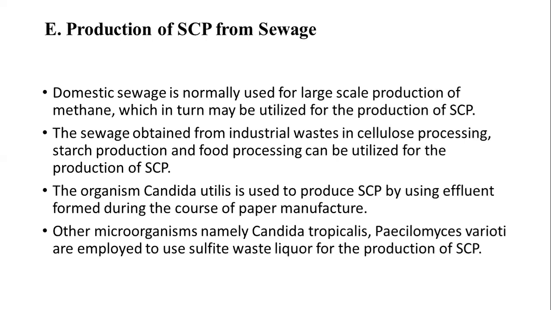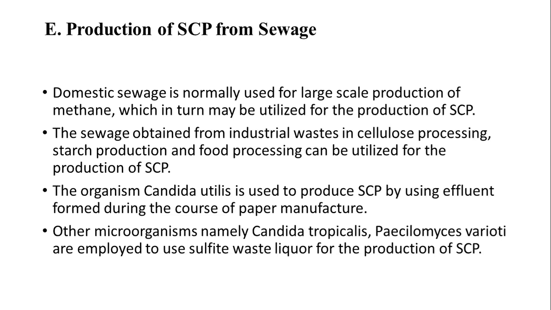The last category of raw material is the production of SCP from sewage. Sewage is used for large-scale production of methane. Nowadays, sewage is also used for production of SCP. Sources of sewage include industry, society, etc. The sewage obtained from industrial waste in cellulose processing, starch production, and food processing is utilized for SCP production.